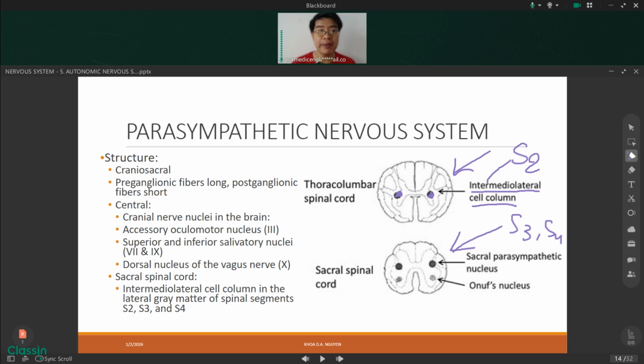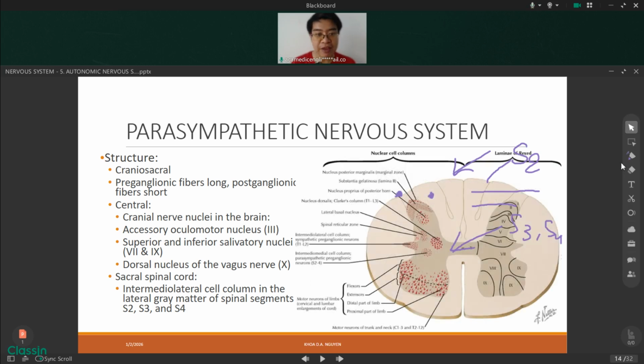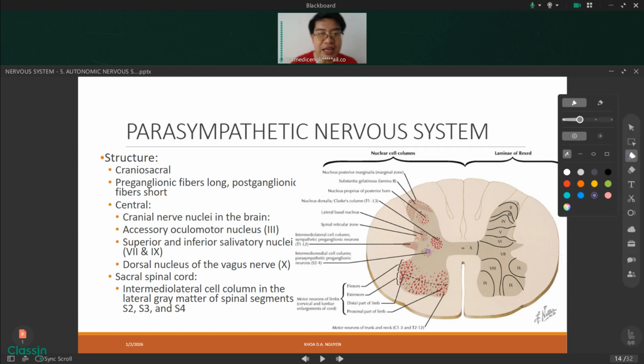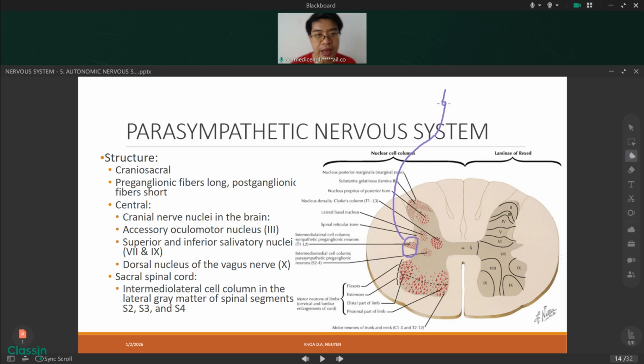Okay, so now, as you can see here, this is another image that shows you different areas of the gray matter of the spinal cord. You will see that here there is a segment that is only present from T1 to L2, and that is the lateral horn. This one contains the cell bodies of the preganglionic sympathetic fibers, while this area here is the intermediolateral cell column, which is not the horn.